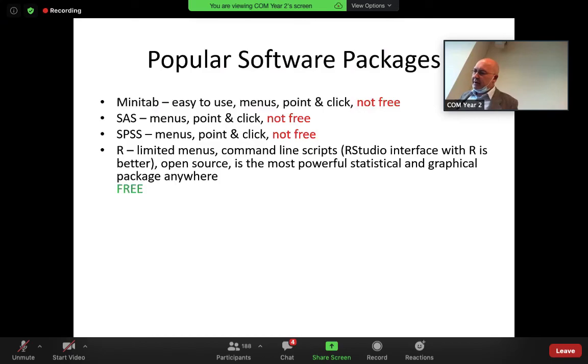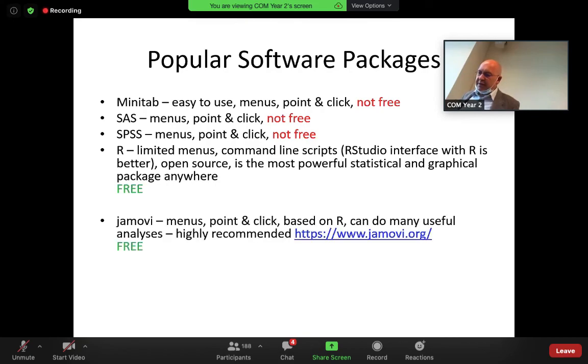R is a good package, but the trouble is it's rather difficult to use. It's not menu driven. You have to type in commands. So it's like a program. It's really a programming language. Jamovi is a kind of interface with R, and I think is very useful. You can also run R in Jamovi, and it's free. So these two last things I would recommend.